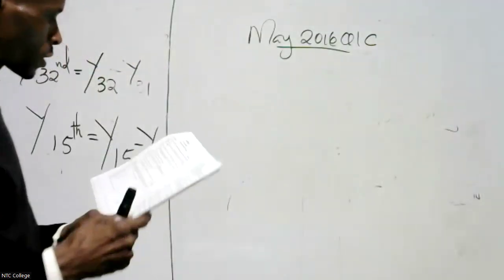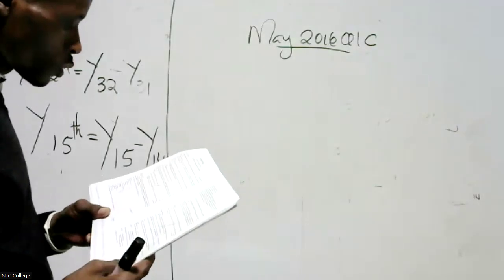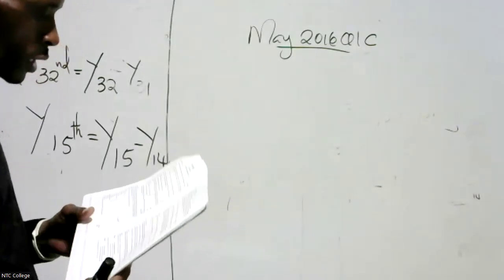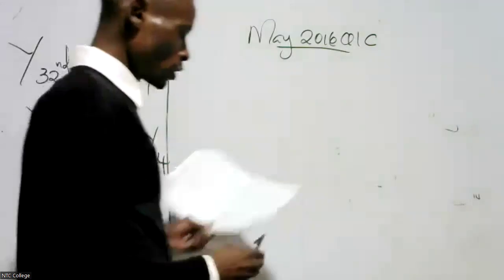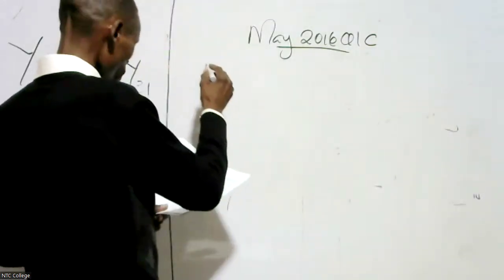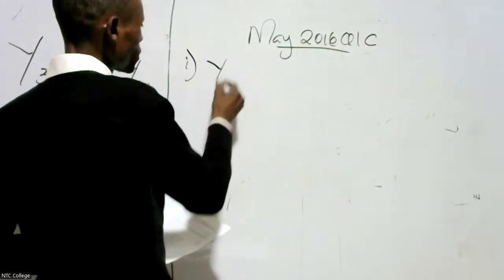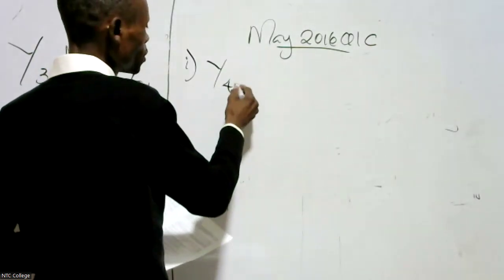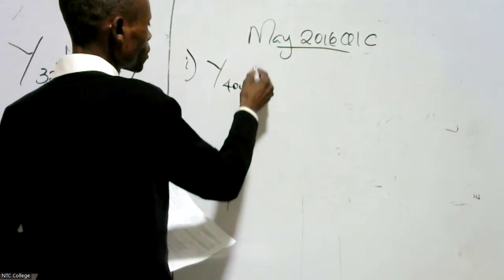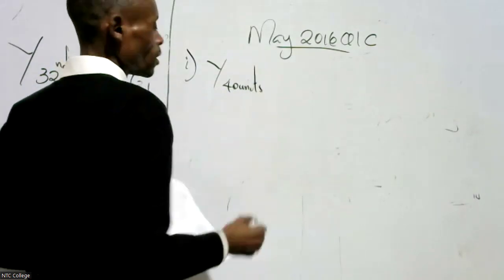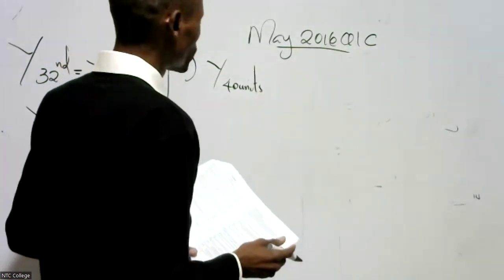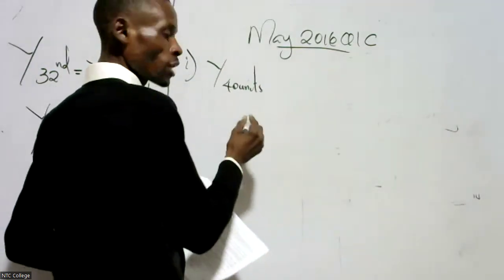Good. So they are saying now the total amount of hours required to build the 40 units. So we start with that Roman 1, whereby they want Y 40 units. And I know the total time model.